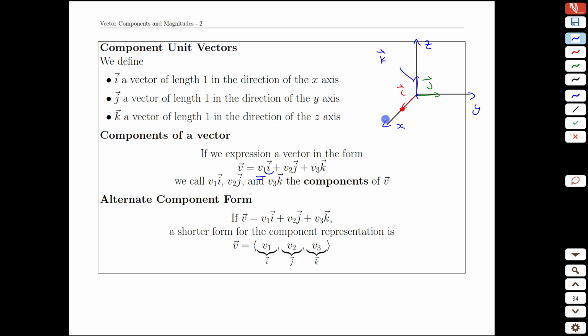So i vector, i vector, i vector would be 3 steps in the x direction. And then we can do the same thing in the y direction by adding up j vectors, and then the same thing vertically by adding up some multiple of the k vectors. And so this is a really nice way to relate coordinates to vector notation.